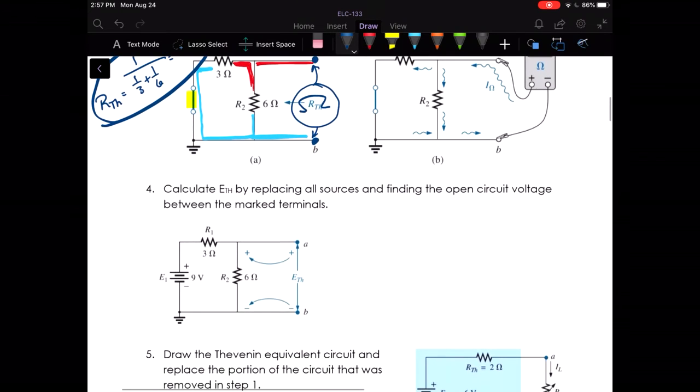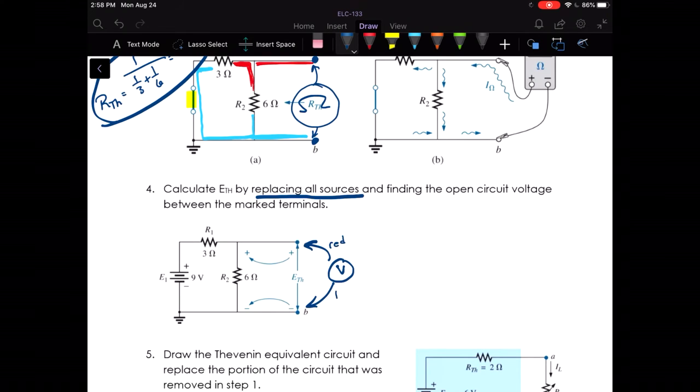Now E Thevenin, we put our sources back, all of them, and then we're looking for the open circuit voltage between the terminals. Basically, we're putting a voltmeter here at A and B. Okay, so the red lead would be at A, black lead would be at B, and we're measuring the voltage there.